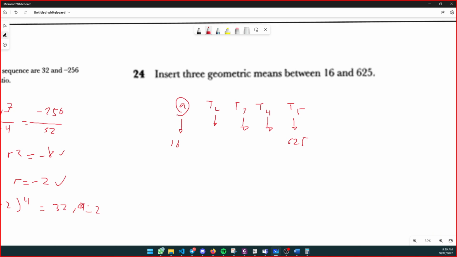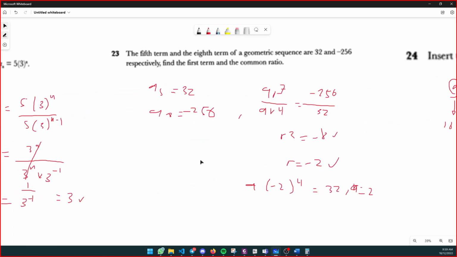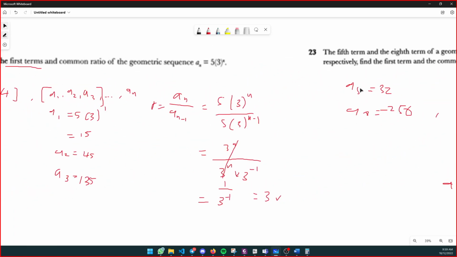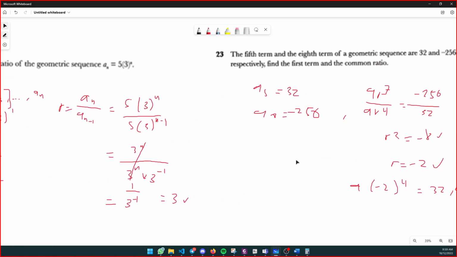But before this, we also used A1, A2, A3, A4, right? You can also do that. As long as the person understands, I think it shouldn't be an issue.